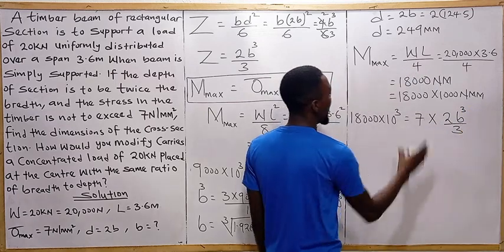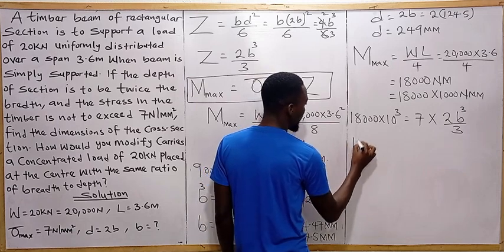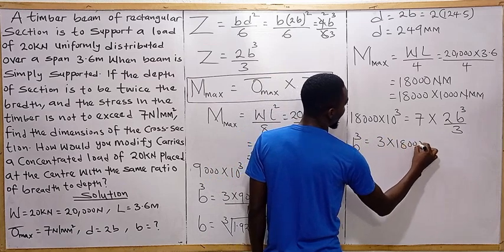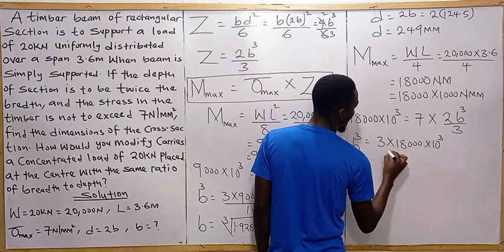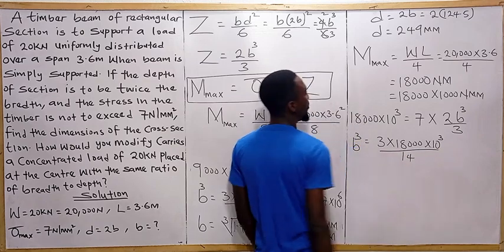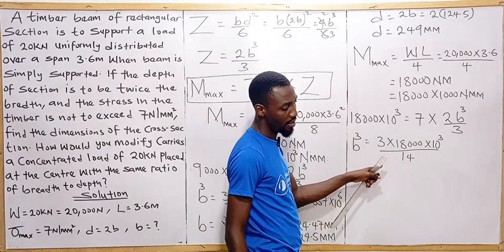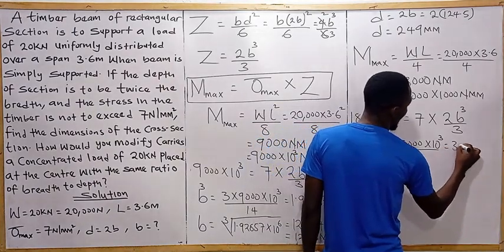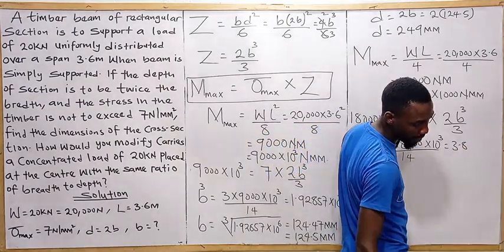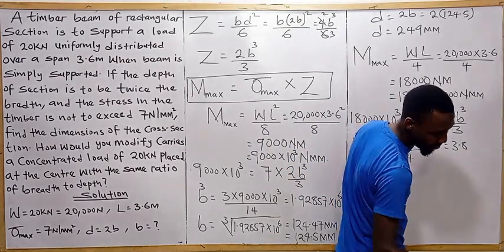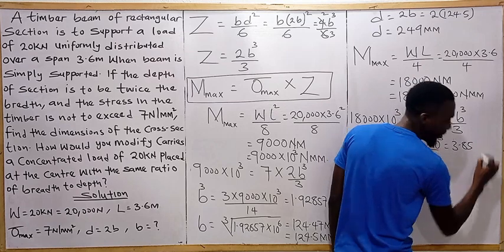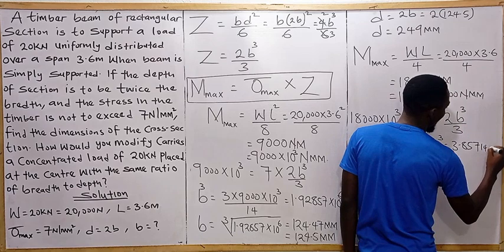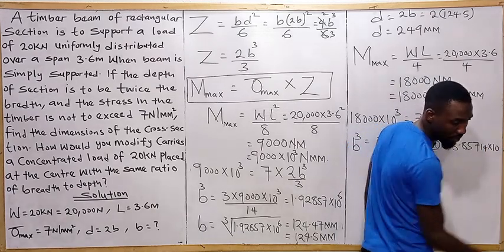If we make B the subject, B cubed will be equal to 3 multiplied by 18,000 multiplied by 10 to the power of 3, divided by 14. If you press this carefully in your calculator, you are going to have 3.85714 times 10 to the power of 6.